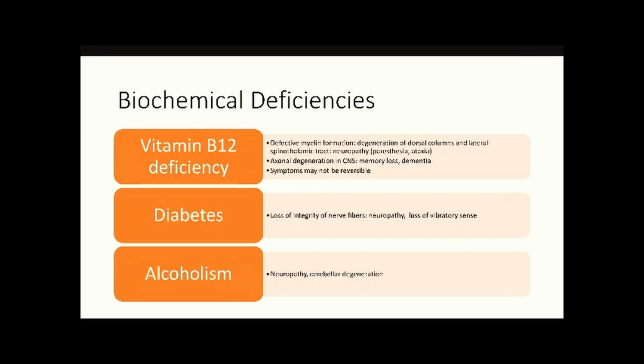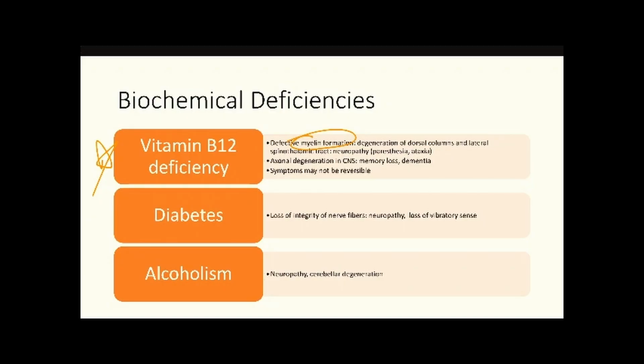Some biochemical deficiencies that can cause issues. Vitamin B12, defective myelin formation, degeneration of dorsal columns. So what are they going to lose if the dorsal columns go away? What sensation is the dorsal column? Dorsal columns, vibratory sense, discriminatory touch, and proprioception.